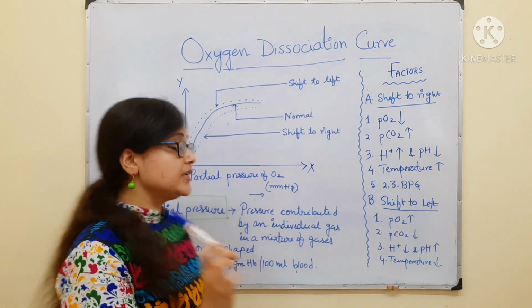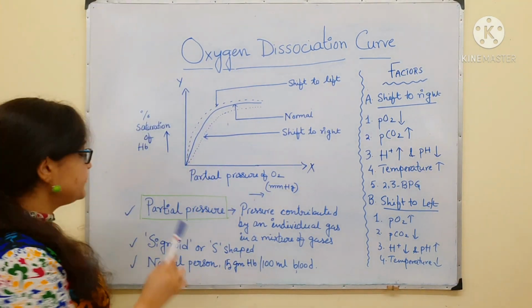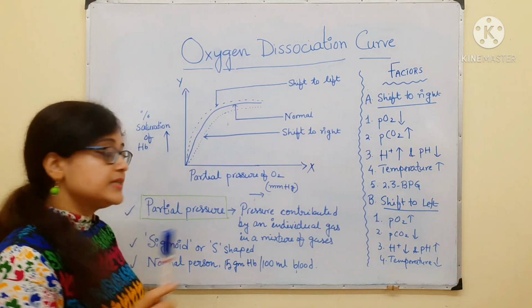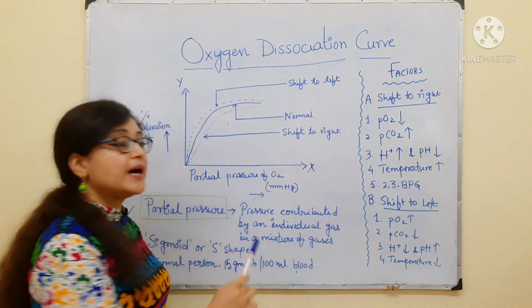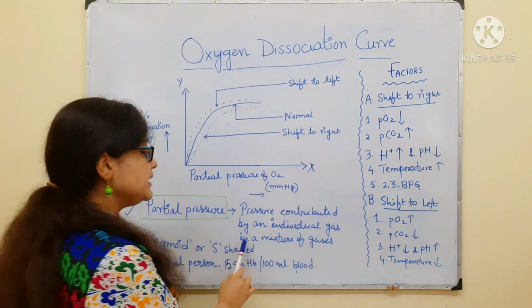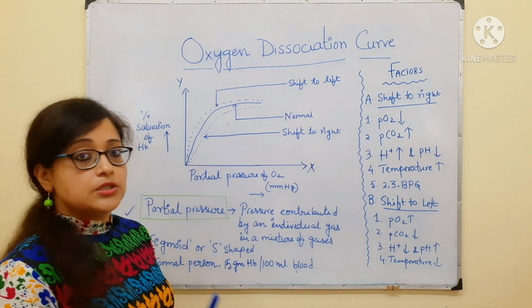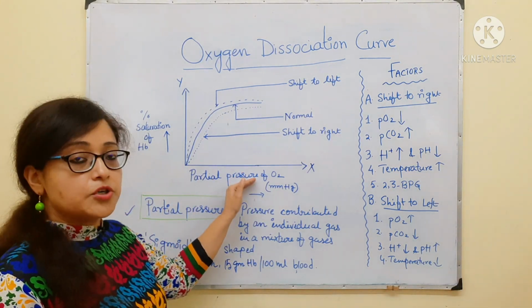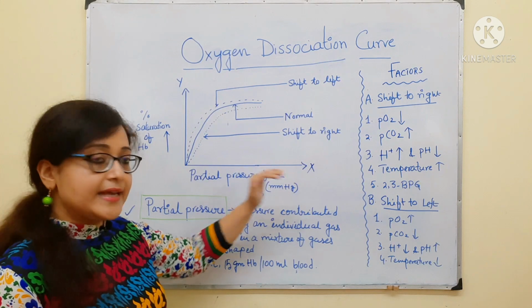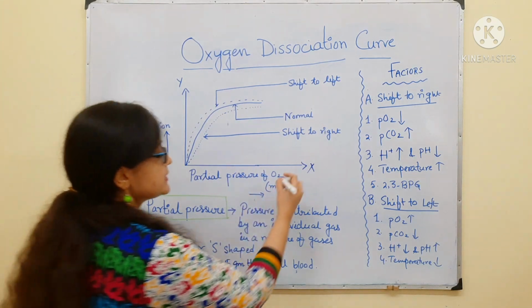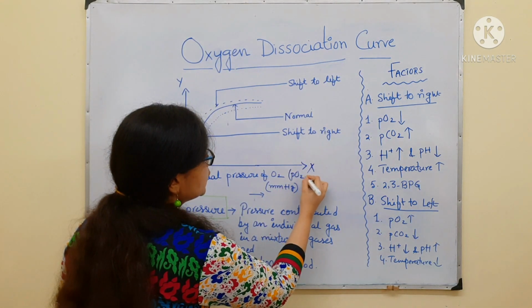I have already explained percent saturation. And what is partial pressure? Partial pressure is the pressure contributed by an individual gas in a mixture of gases. So the partial pressure of oxygen has been taken on the x-axis. It is also represented as PO2.